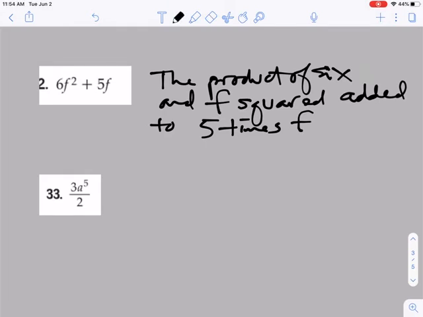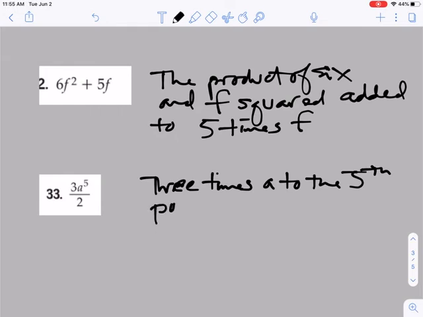All right, and this last one we have here, we have a quotient because a fraction is a division problem, right? So you could say it a number of ways. You could say 3 times a to the 5th power divided by 2.